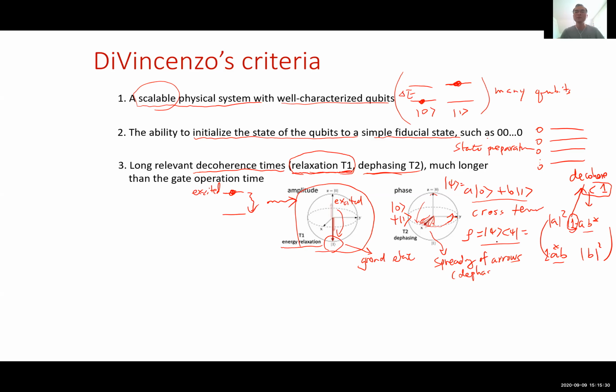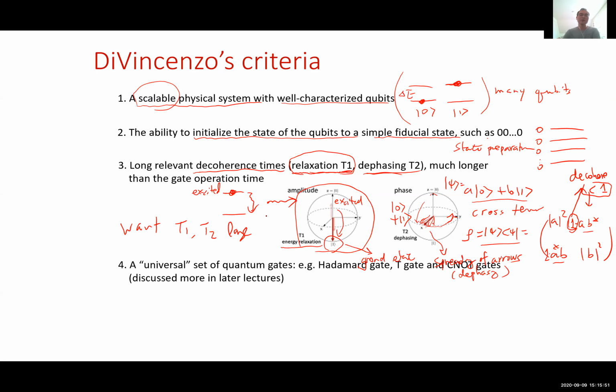Okay. So what we want is we want these times long. Right? We don't want the qubit to decohere. We don't want it to relax. We don't want it to dephase.